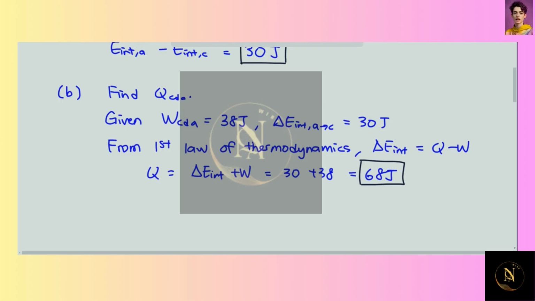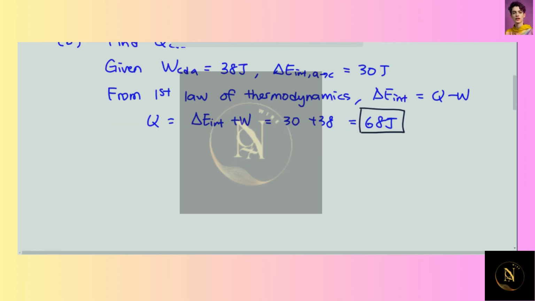Then in part C, we want to find the work done in the process ABC. WCDA is the area under the PV diagram, the area under the graph.